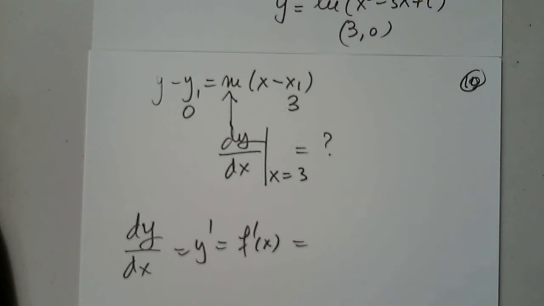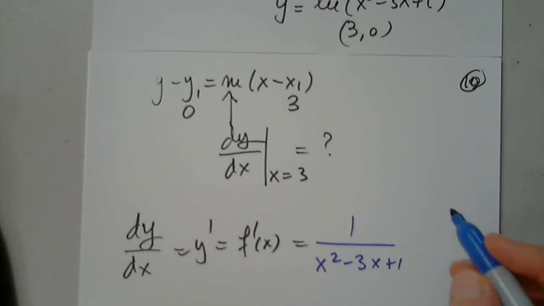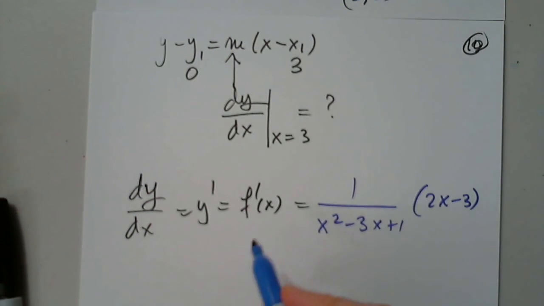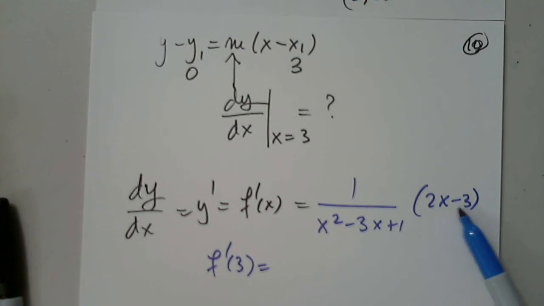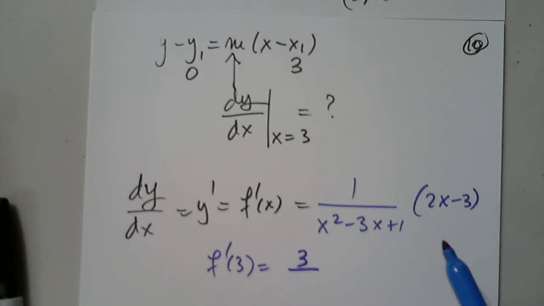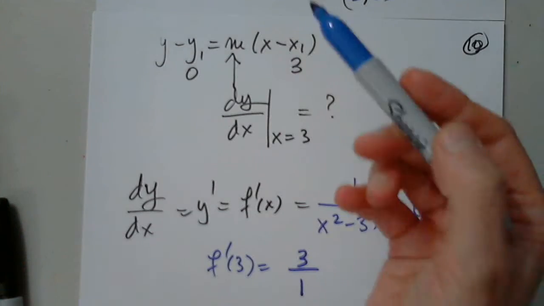Being 1 over the function times the function prime. Yes, times 2x minus 3. So all I have to do is find f prime of 3. So I have 6 minus 3 is 3, and this I know is 1, because 9 minus 9 is 0, 1. So this is 3.